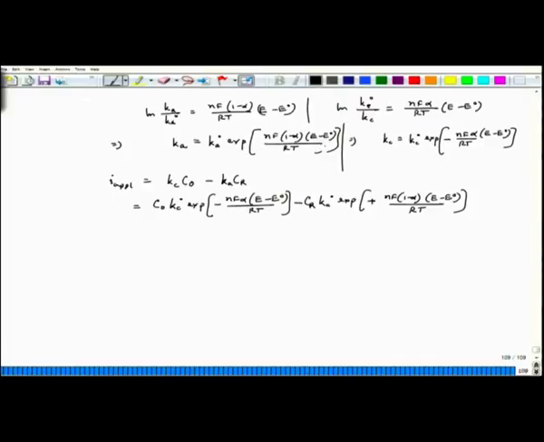I am just putting these formulas here, replacing Kc and Ka.